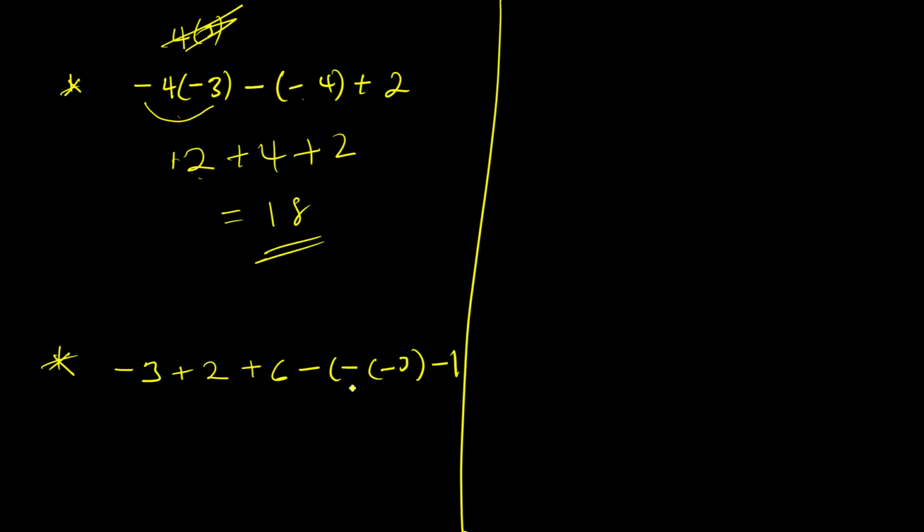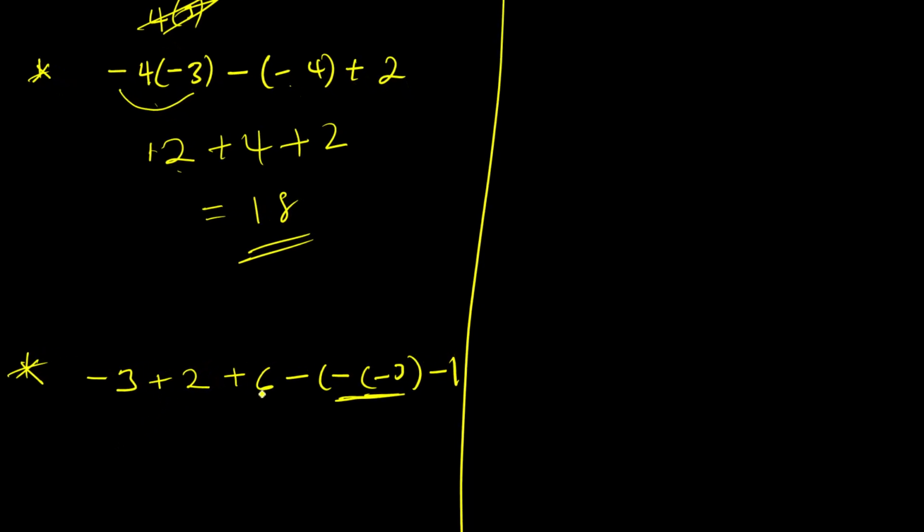Minus 3 plus 2 is -1 plus 6, so we have 5 here, because 8 minus 3 is 5. Minus is plus, so we have 3 minus 1.